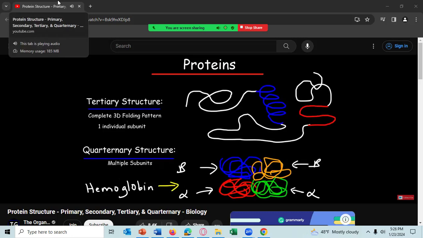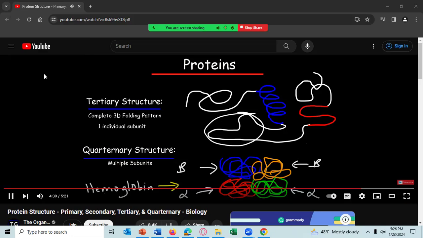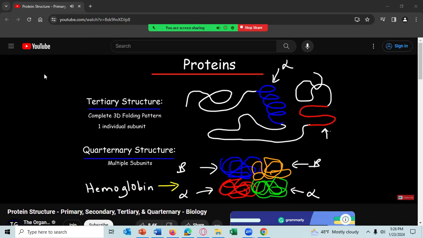Next up, we have the tertiary structure, which represents the 3-dimensional complete folding pattern of the protein. And so here's a visual illustration of it. So we could see some areas is just a straight chain. Here we have an alpha helix, and here we have a beta pleated sheet.